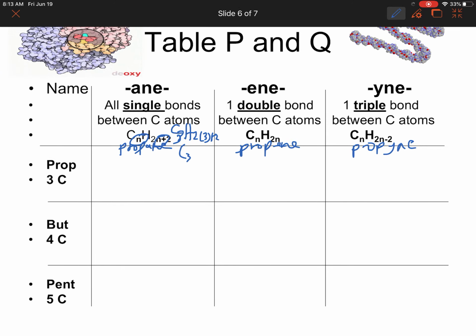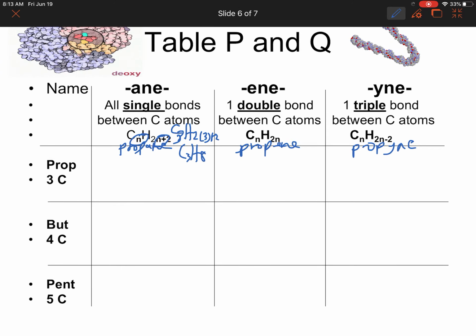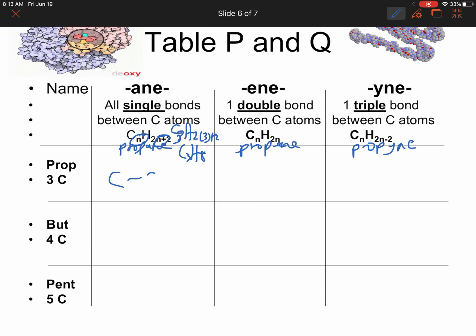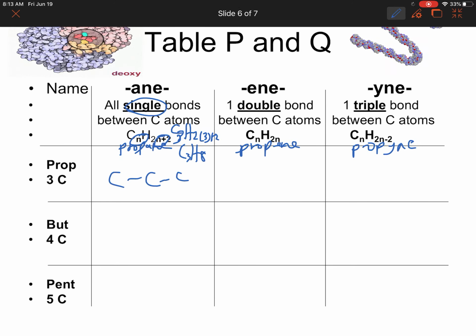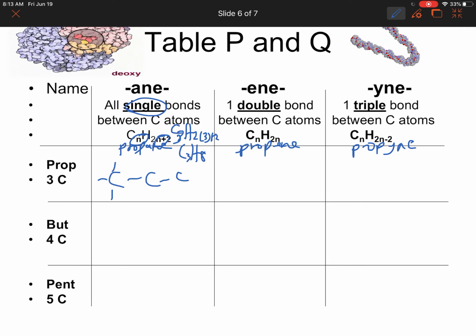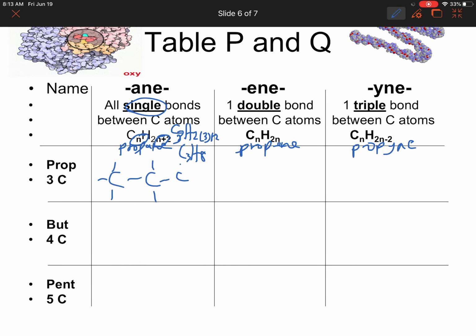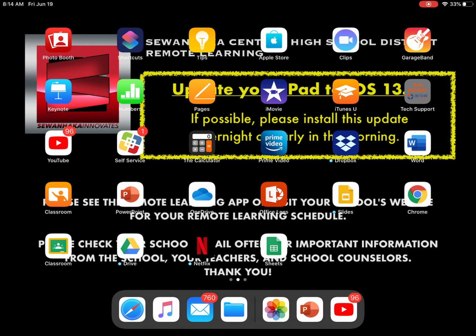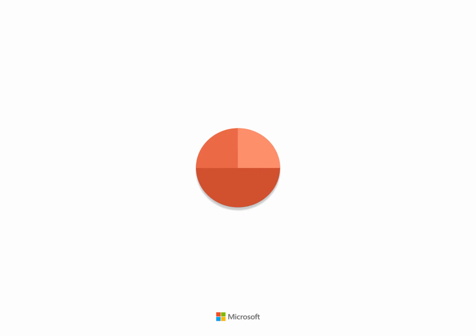That's C3H8. So let's see what's correct. 1, 2, 3. Single bonds. Each carbon needs 4 bonds, right? There's 1 here, 2, 3, 4. 1, 2, 3, 4. 1, 2, 3, 4. Oh, sorry about that.